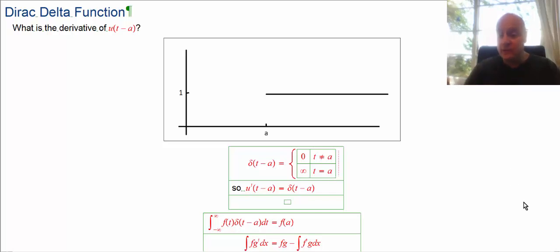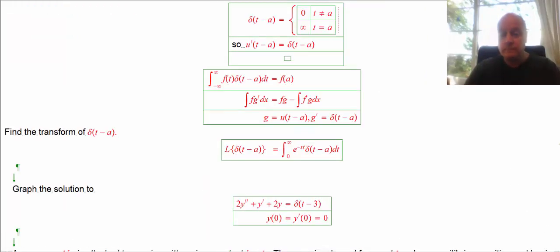So the first thing I need to do then is think about the integral from minus infinity to plus infinity of some function multiplied by the Dirac delta function. We're going to show that that's just equal to that function evaluated at the place where the infinite spike takes place.